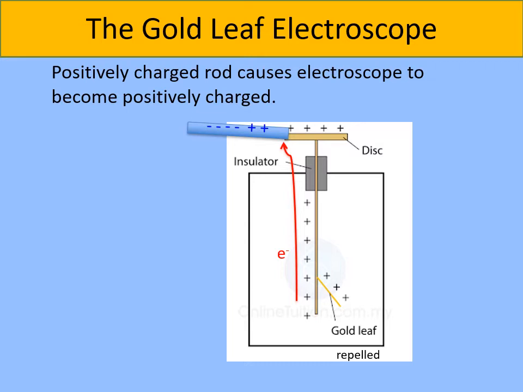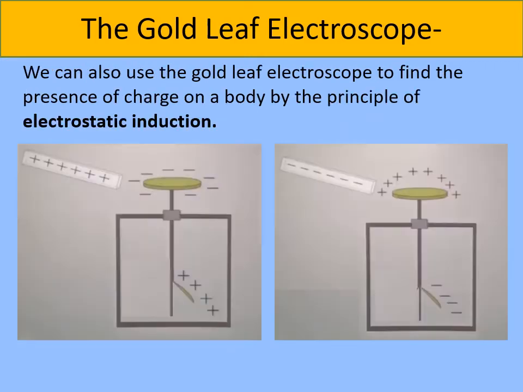So the electrons ultimately are flowing up and are attracted to the positive rod at the top. This also causes divergence of the leaf, so it's not in a collapsed position, but it stands upright.